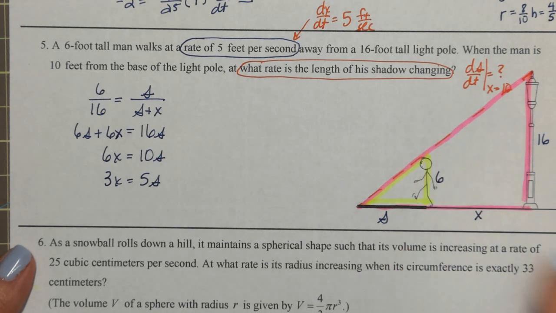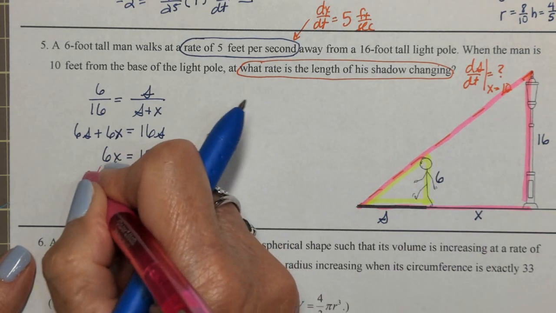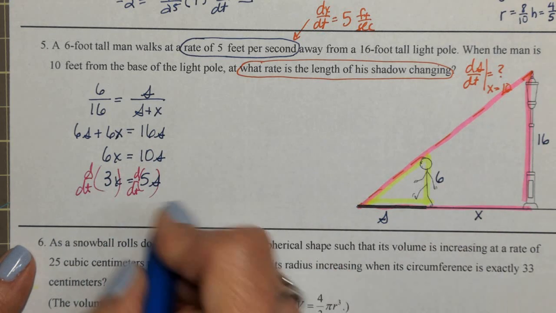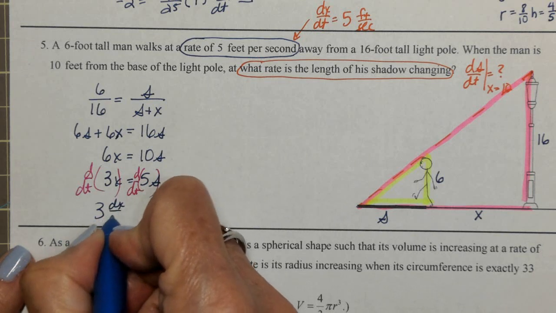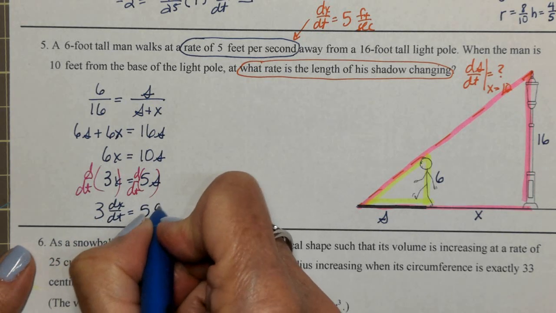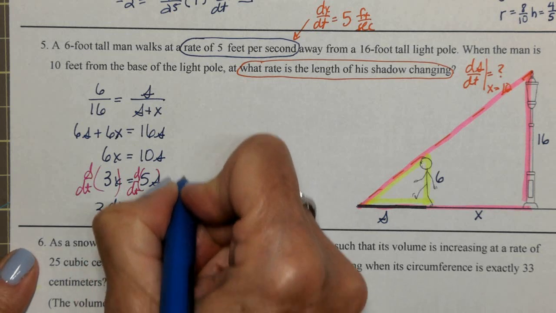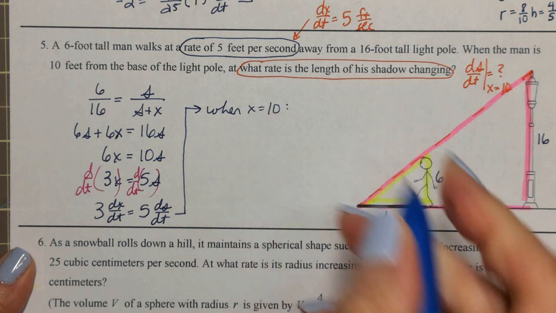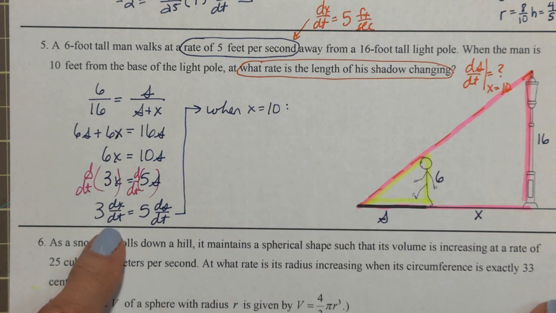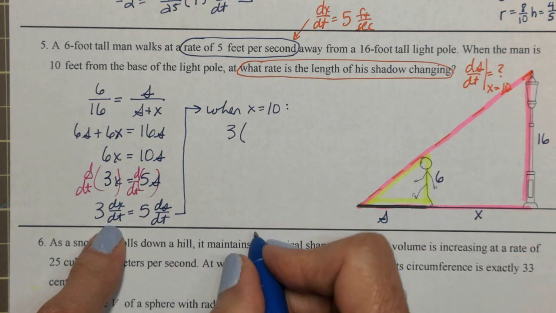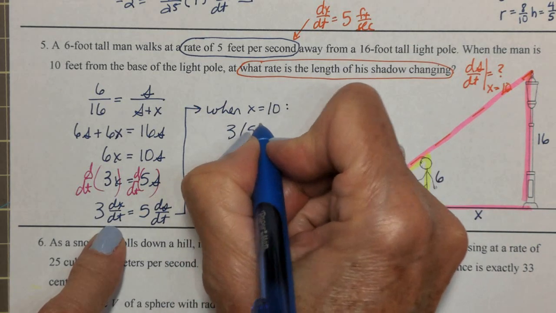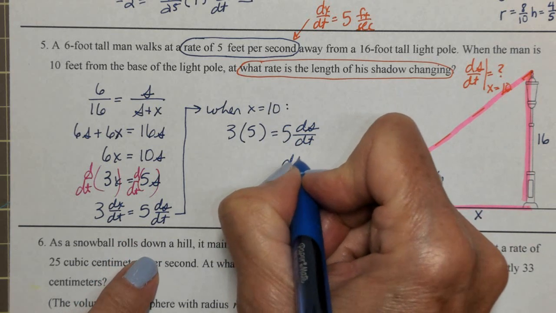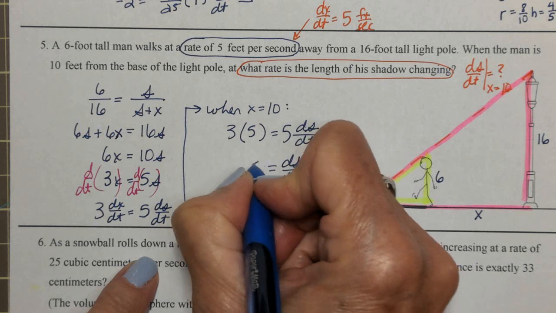I'm looking for ds/dt, so I'm going to take the derivative of both sides with respect to t. 3 dx/dt is 5 ds/dt. When x is 10 feet, we'll have 3 times dx/dt, which was 5, is equal to 5 ds/dt. So ds/dt is equal to 3.